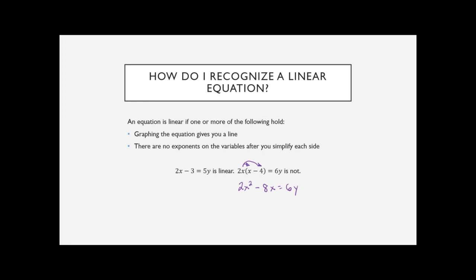Actually, that exponent 2 is quadratic. We talked last week about how to recognize whether something is quadratic, and that's when it has an exponent of 2. So something is linear if there's no exponents. But you do have to try to simplify these things to determine what it is going to look like, and then that will tell you if it's linear or not.